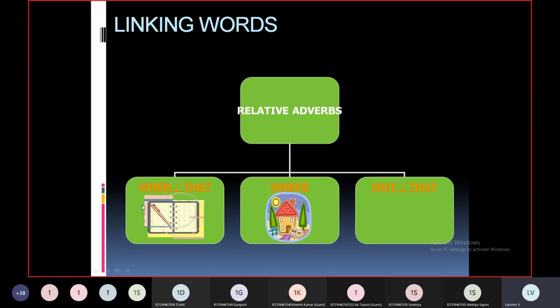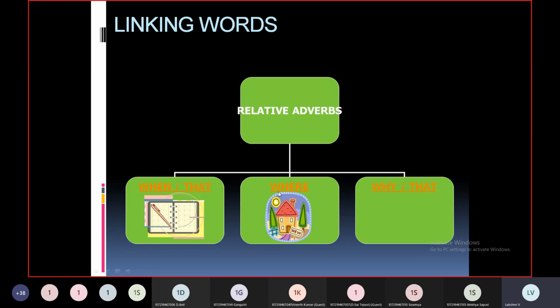For example, I cannot forget the year when I won the first prize. I cannot forget the place where I found my bag, or where I found my thing.